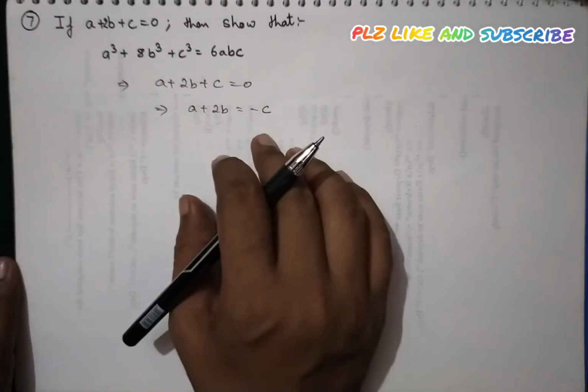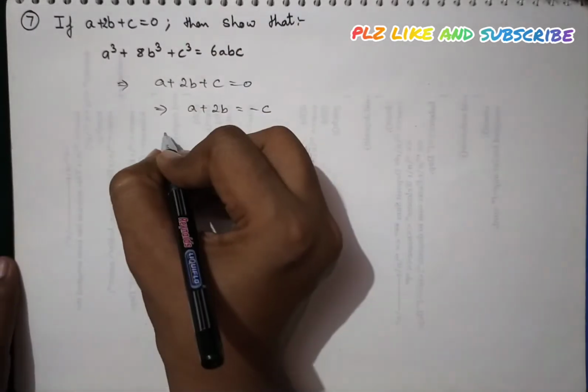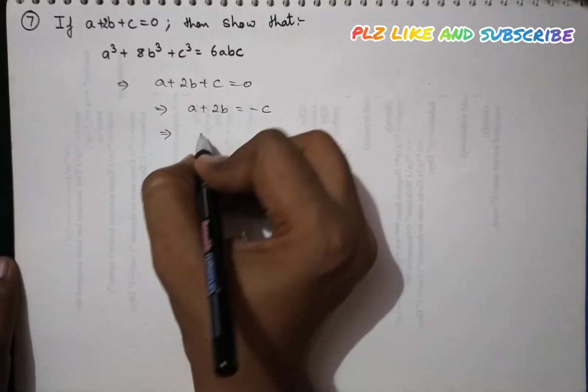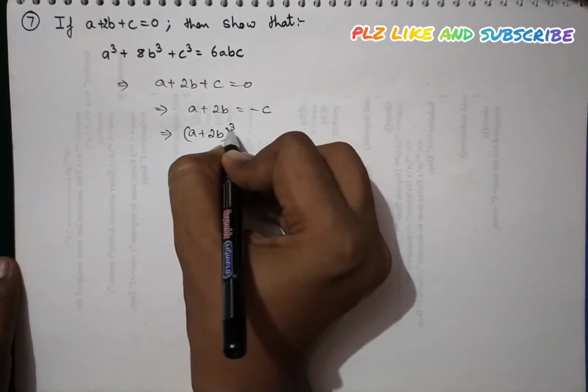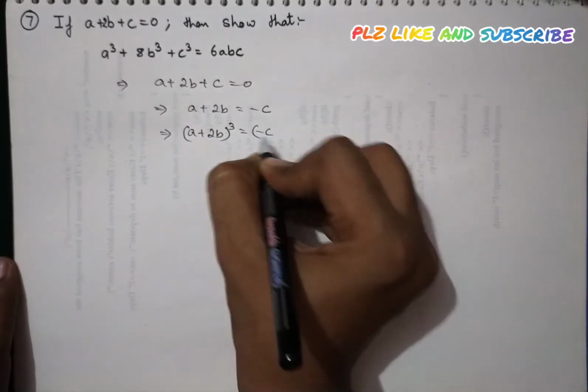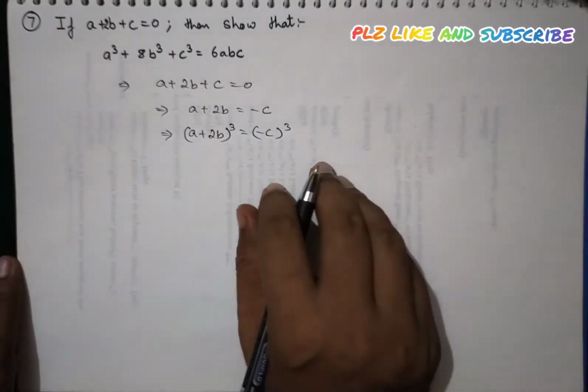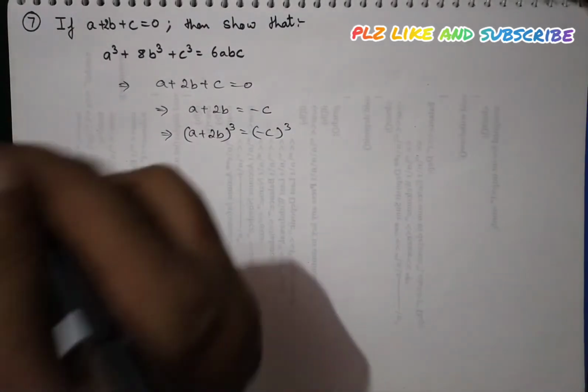Now we are going to take the cube on both sides, and on taking cube on both sides it will become (a plus 2b) whole cube equals (minus c) whole cube. Now open the expression.